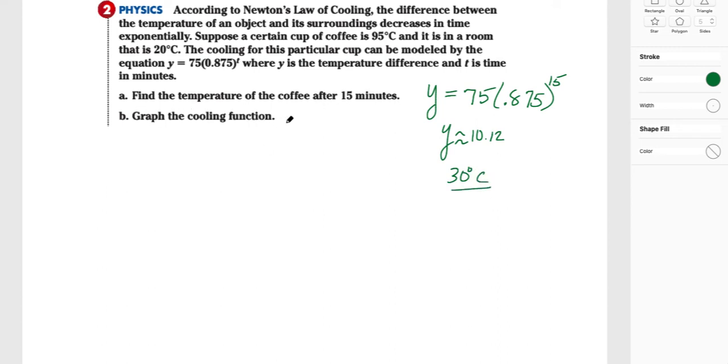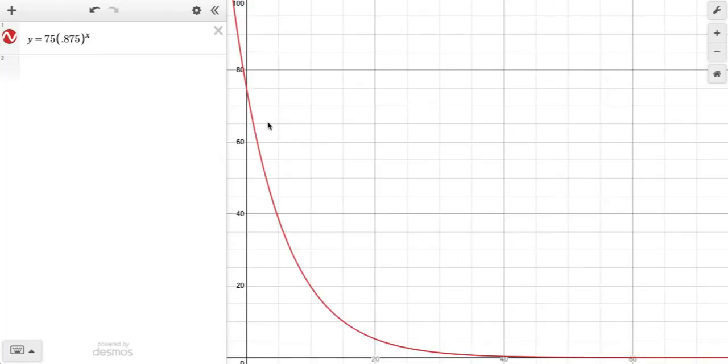Okay, so we're going to graph the cooling function. Since this is the cooling function and it's best to graph on Desmos, let's head over there to get a graph for this. After resizing my x and y axis to accommodate this graph, we see that the cooling function is as follows.